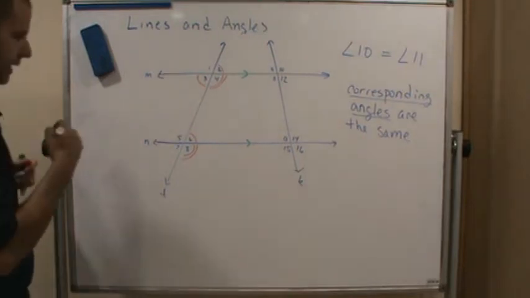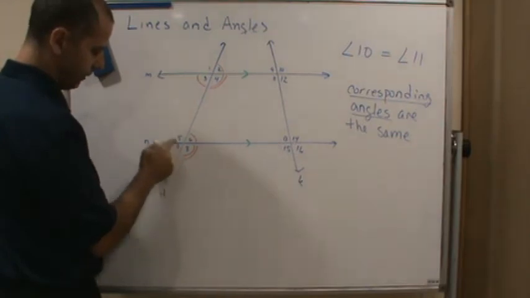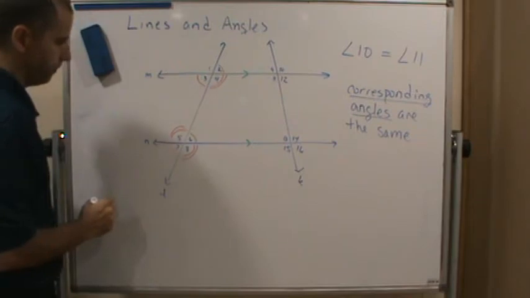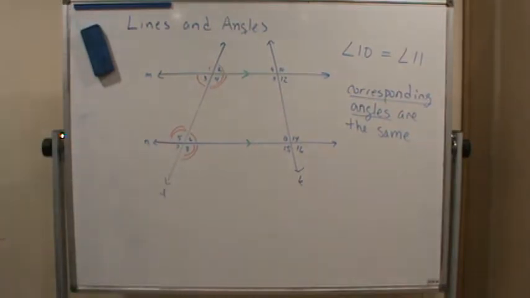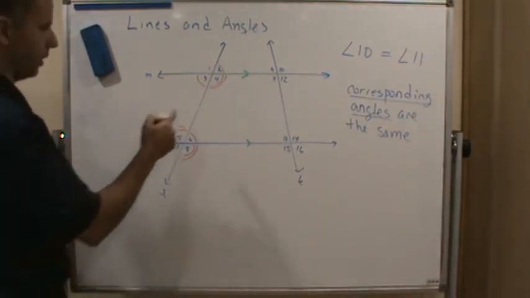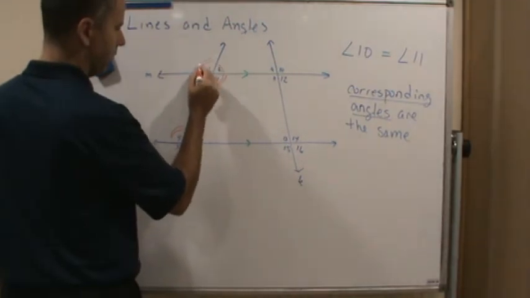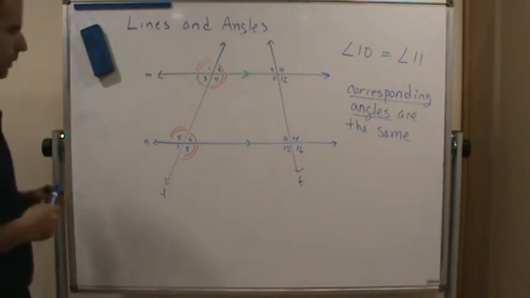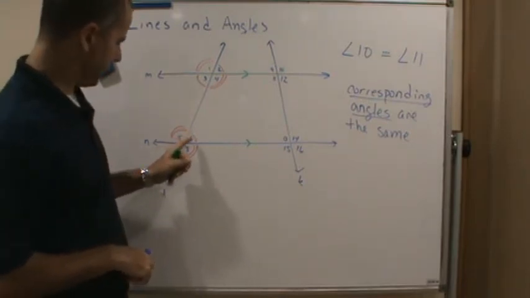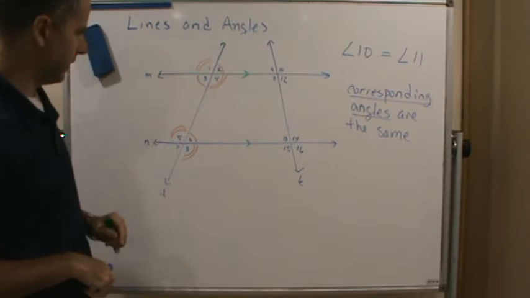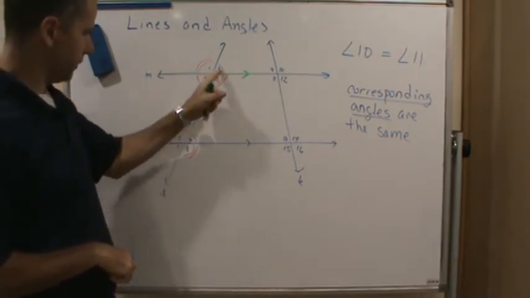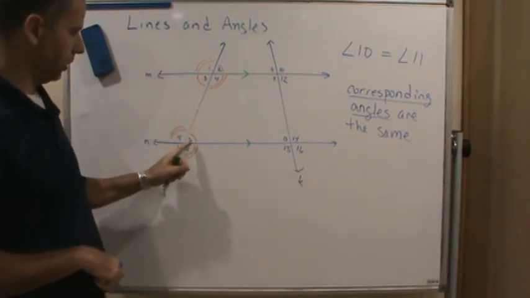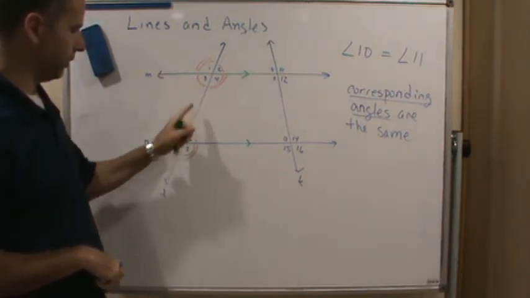Now, if those are the same, remember, the opposite vertical angles are the same. So that means 8 and 5 are the same. But that also means that these two are the same. So now, let's back up a little bit. So we know that 6 and 2 are the same, but now we know, because of vertical angles, that also 6 and 3 are the same, which are called alternate interior angles.